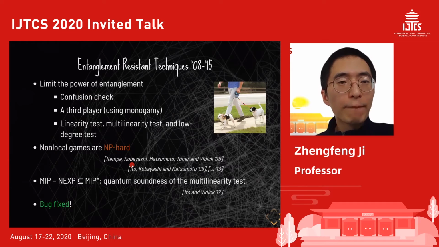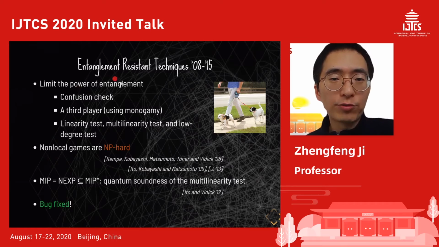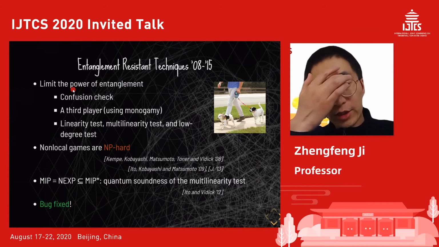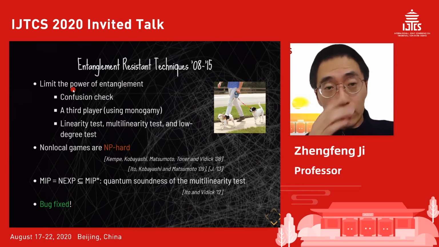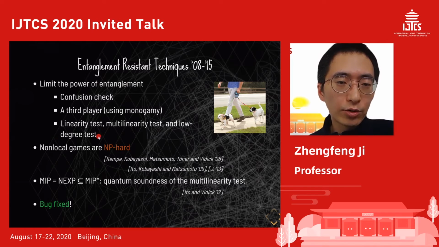But if you are considering the general form of interactive proofs, there are many techniques that you can use to enforce the behavior of the players, so that entanglement won't be that useful.